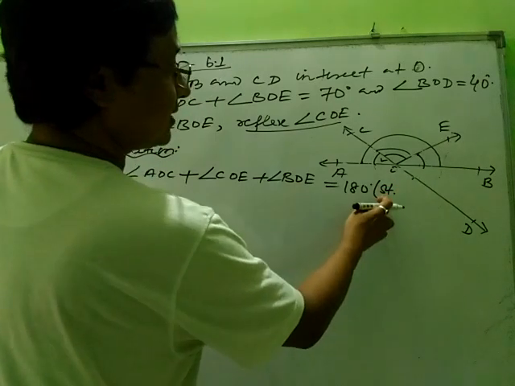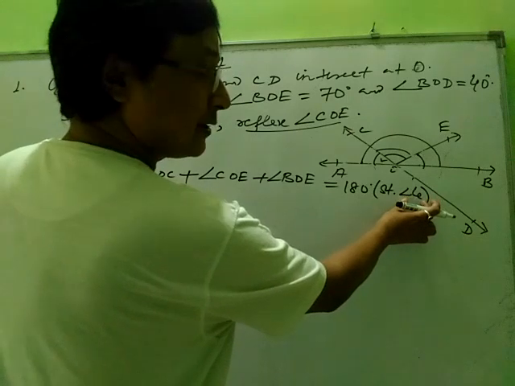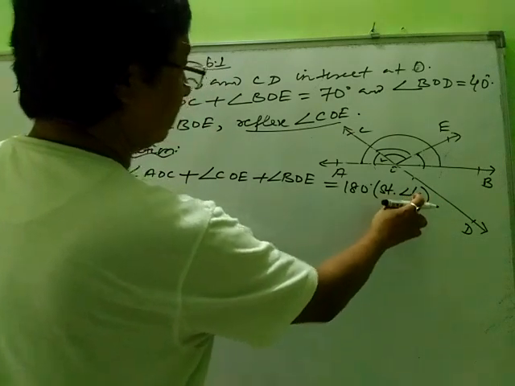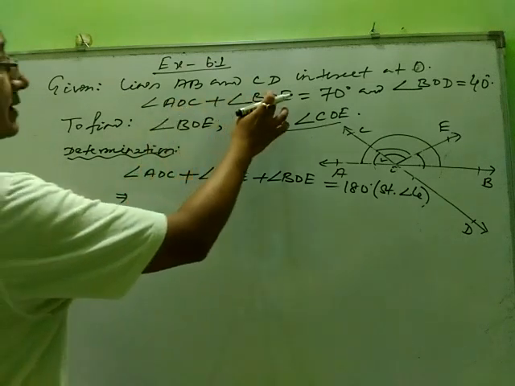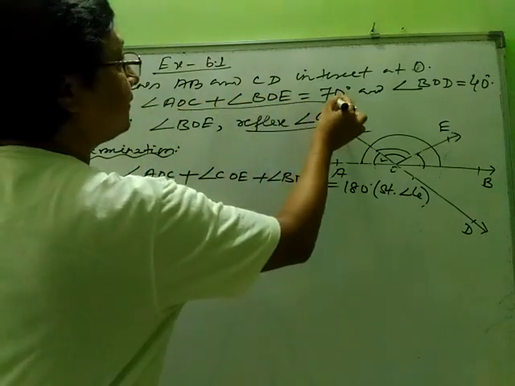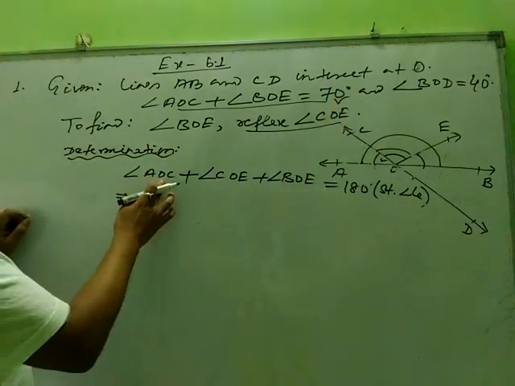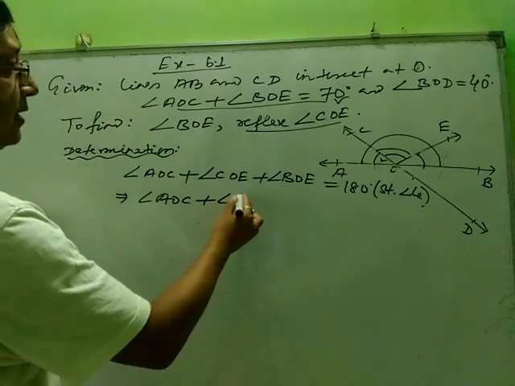So S is straight angle. So it is denoted symbolically. So straight angle. Now AOC plus BOE, they have given 70. They have given us 70. So angle AOC plus angle BOE.